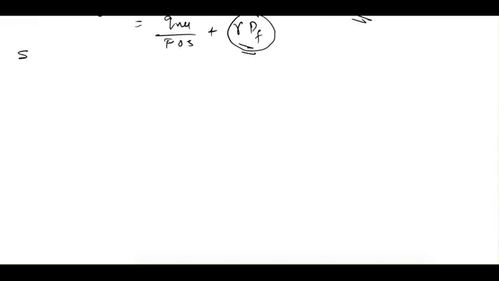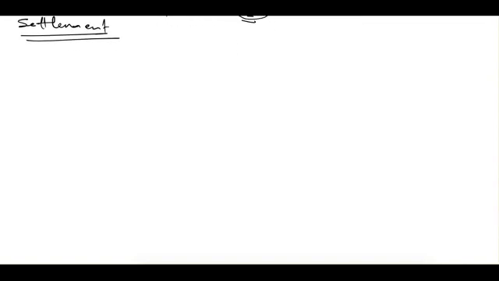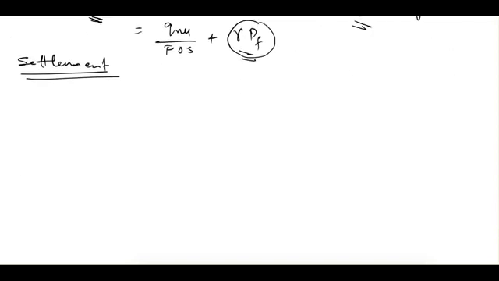Now we need to see some definitions. Only one definition is there which is due to the settlement criteria. So the definition number is 7th. It is safe bearing pressure.